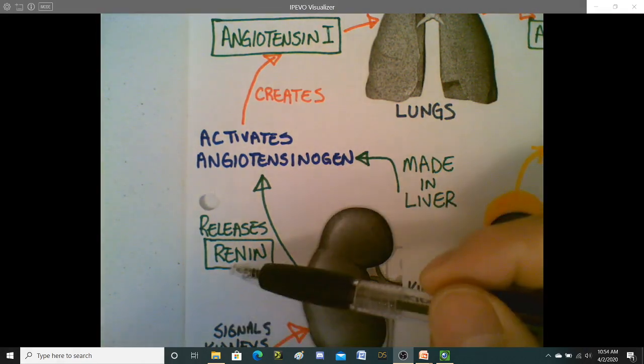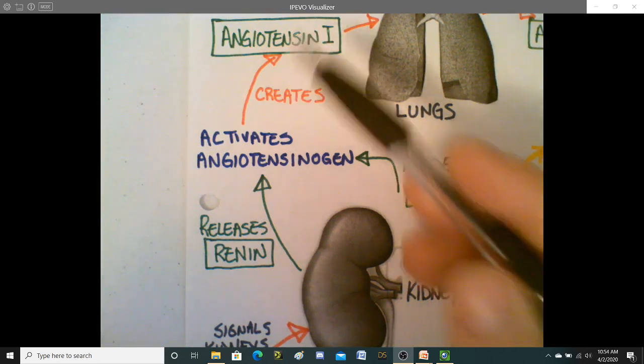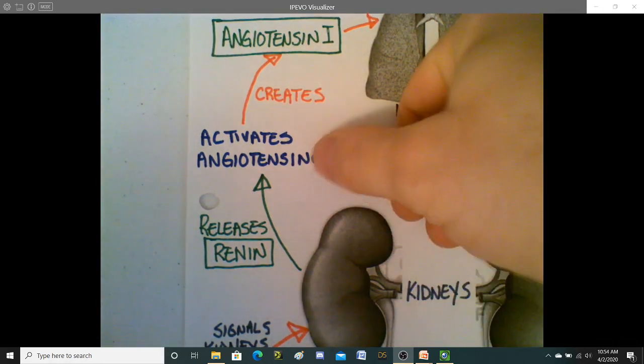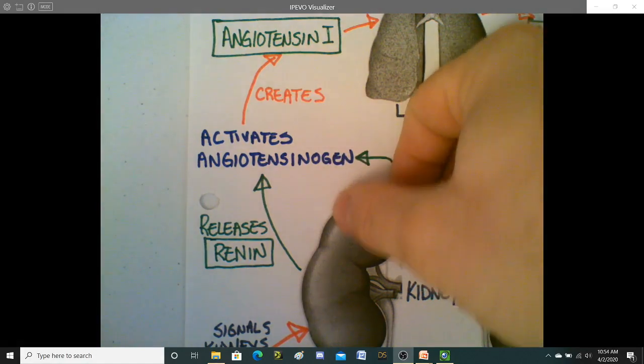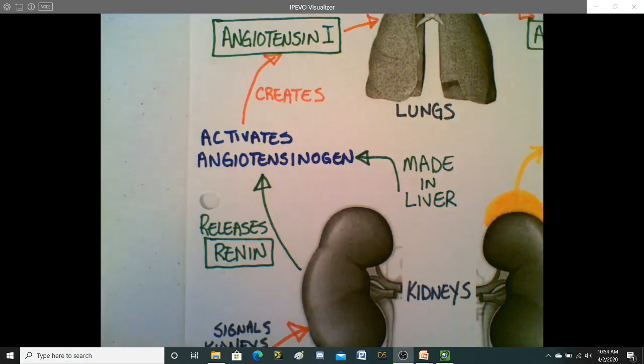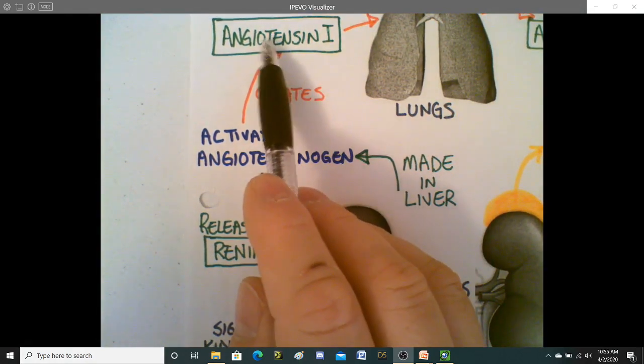So renin converts angiotensinogen into angiotensin 1. Remember our OGEN rule, OGEN? This is the inactive form. If you cover up the OGEN, it tells you what it's activating, angiotensin. So angiotensinogen is activated into angiotensin 1.